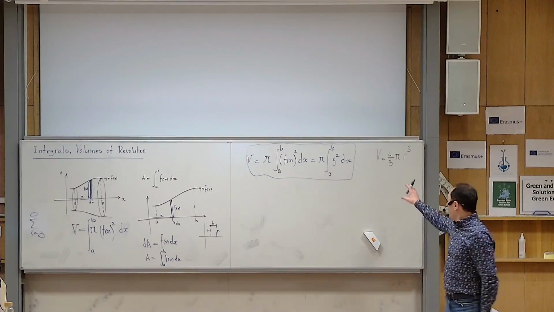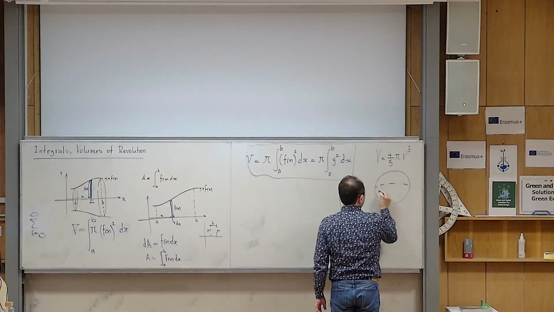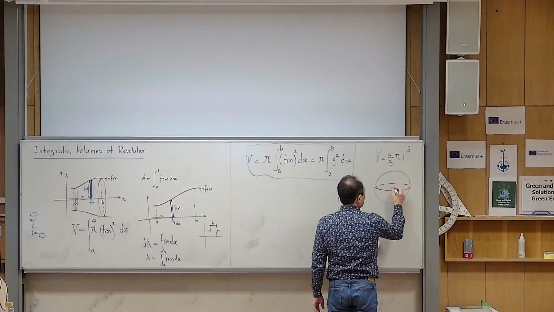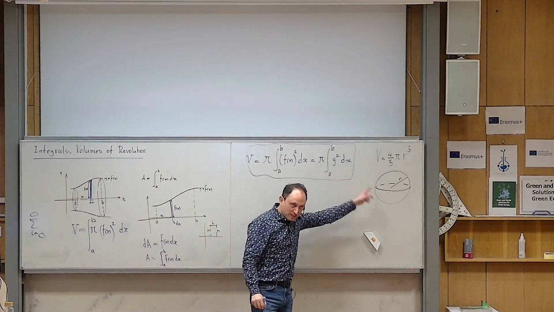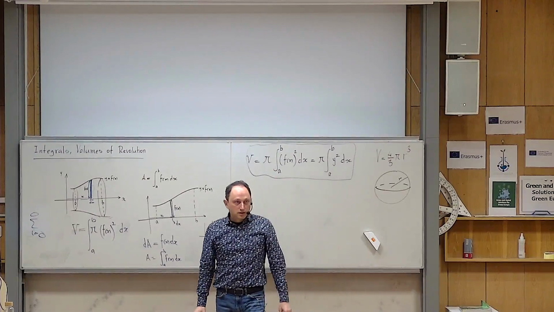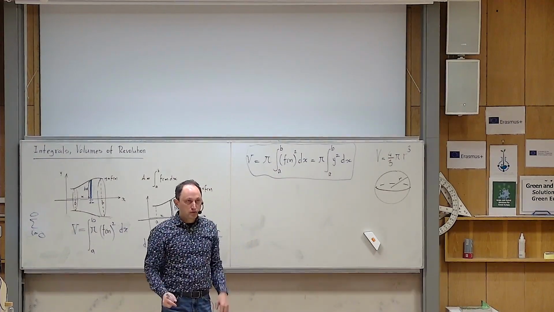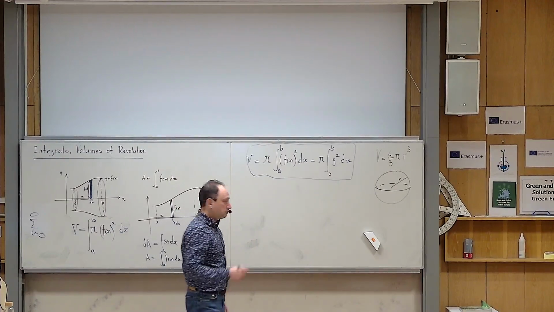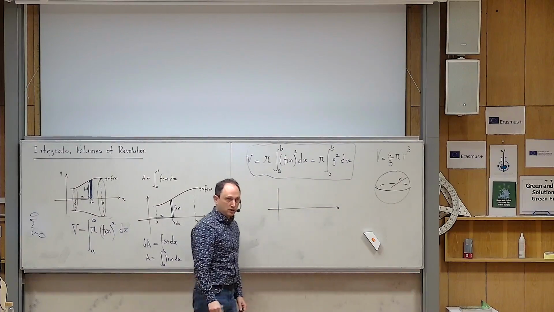No, so I have this sphere, so let us draw this sphere for you. I have a fixed sphere with radius r. I want to find the volume of this sphere. Then the radius is r. So the radius of the semicircle should also be r to generate this. But as you told me, it doesn't matter where the center is.